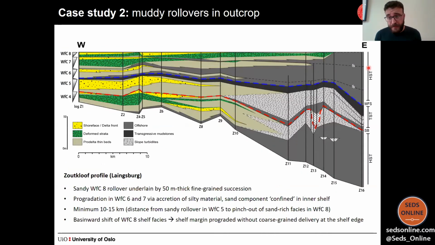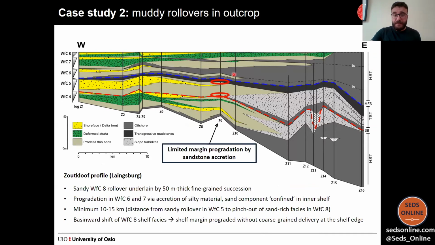So this is a zoom of this correlation panel in the north of the Laingsburg Depocentre. And here you will see where the red circles are. This is showing that the shelf edge rollover was actually quite aggradational when the sandstones were able to meet the shelf edge. So when the sandstones were at the shelf edge, the margin is not prograding that much.